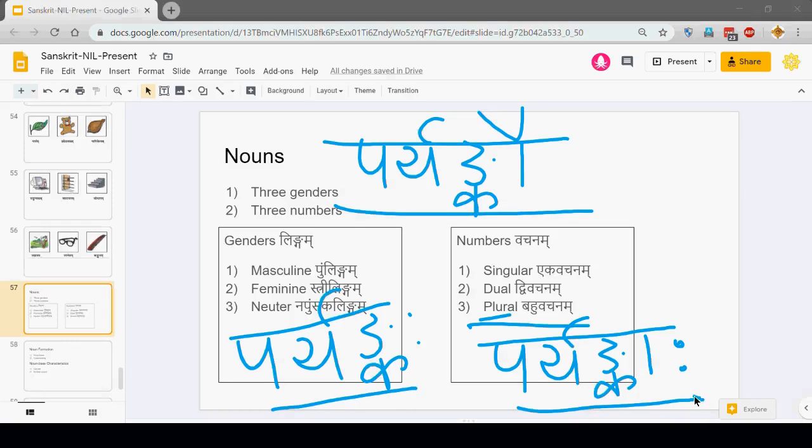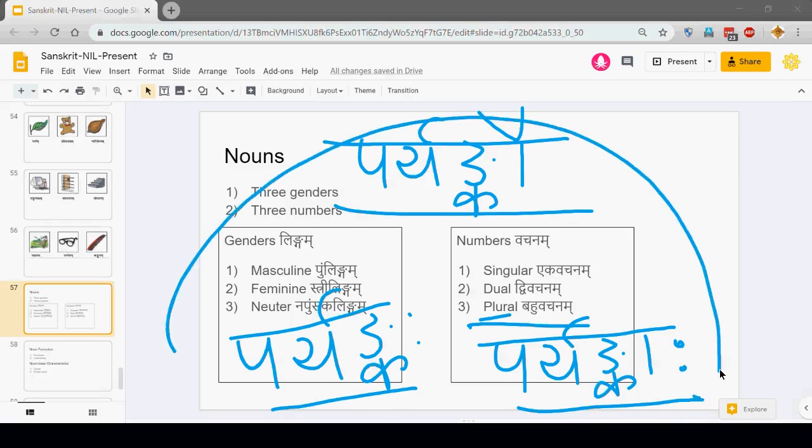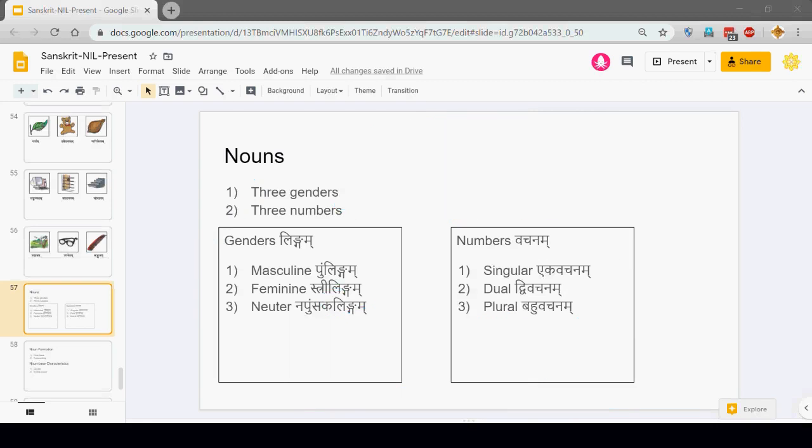So note that the linga doesn't change. Linga is the same, because linga is for the word. These different forms just indicate the number, one or two or more than two. So everywhere the gender remains the same, masculine gender for this word.